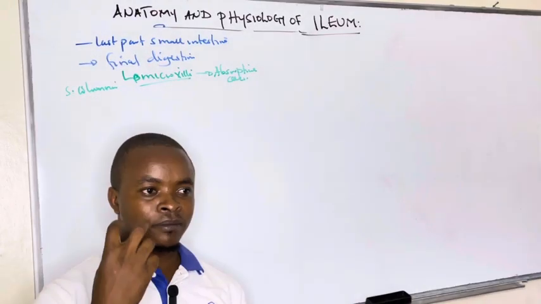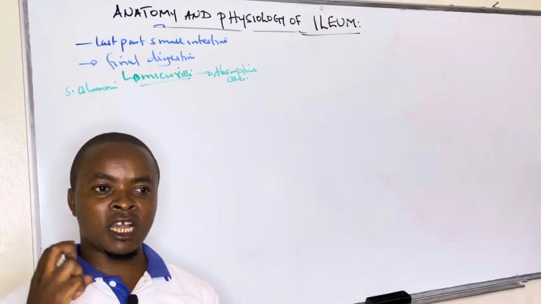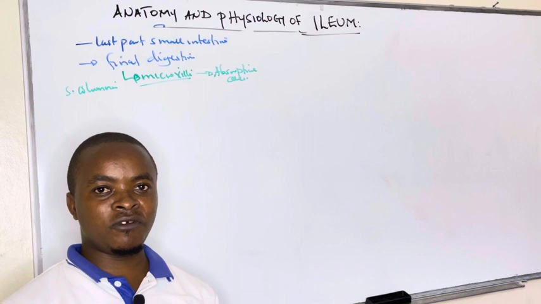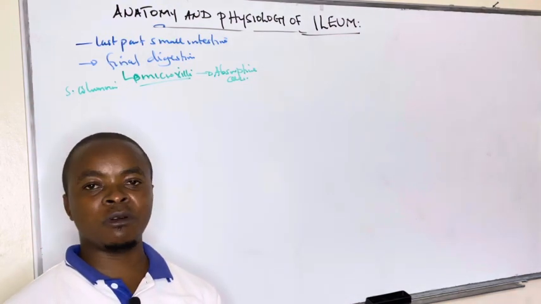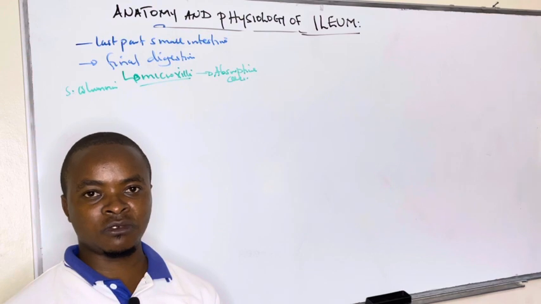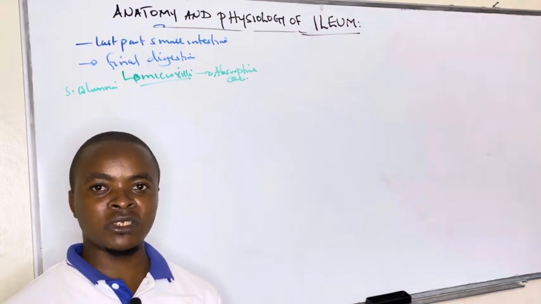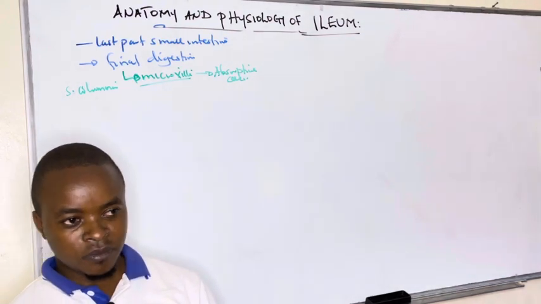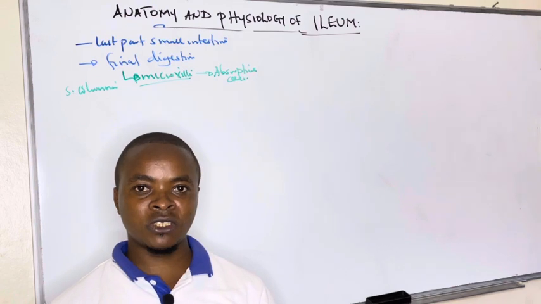Still in the video where we looked at the histology, we said it has 4 layers. It has the mucosa layer, having the epithelium, which is simple columnar, together with the lamina propria, which is areolar tissue. Then we saw the submucosa, which is supplied by Meissner's plexus, or what we call the submucosal plexus.